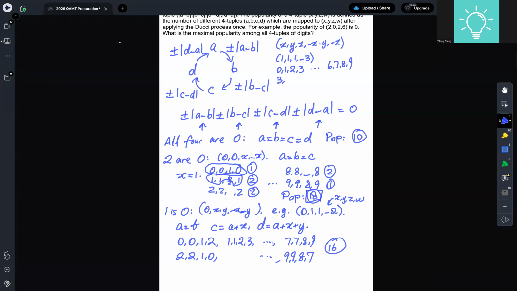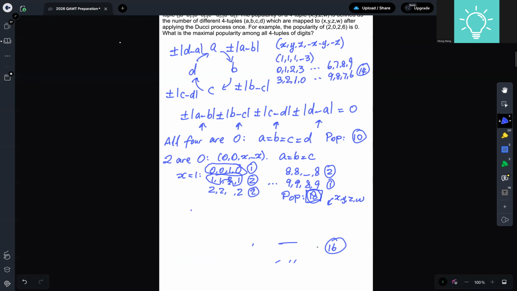Or we can go like this, but still, that's only 14, right? So if one of them is the sum of the other three, that's not going to give us anything more. So let me just erase that. So the biggest that we can actually get is 18 so far. But there are still some cases that we haven't considered.